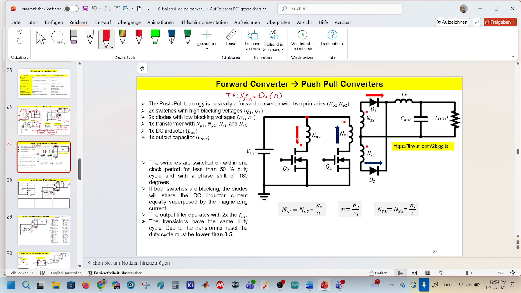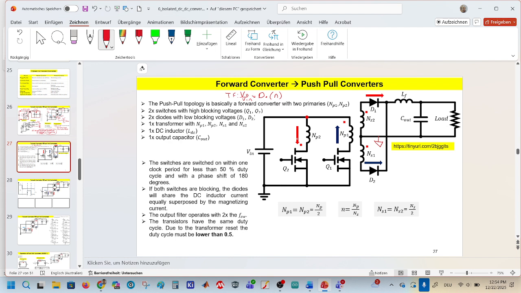We have two switches as shown here, Q1 and Q2, and two diodes on the secondary side. We also talked about, if you see an inductance in the circuit, there should always be a diode which is connected in series or in parallel.